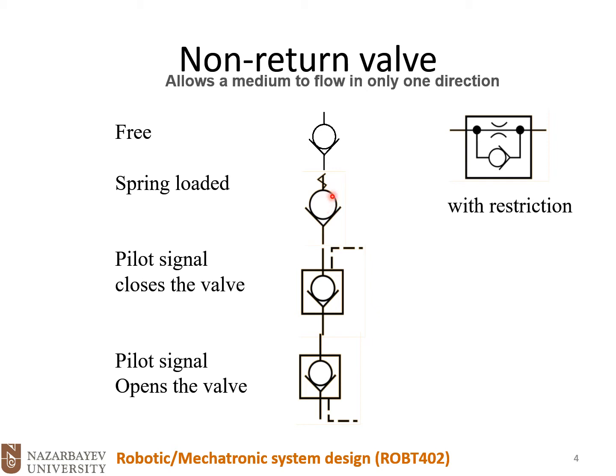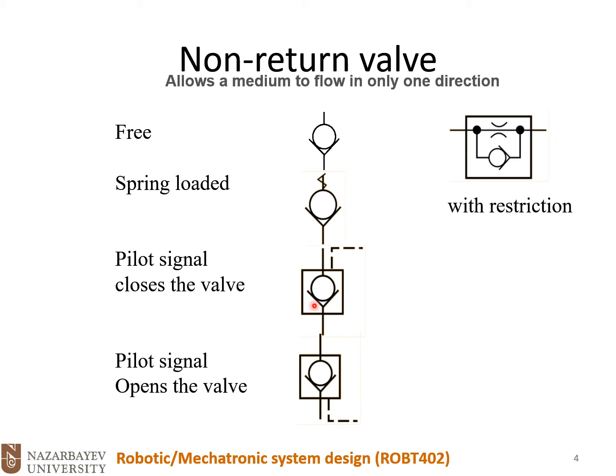Next, we have the pilot signal closes the valve. On this one, the solid line shows the main air pathway, and the dotted line shows the control, or pilot signal line. We need to send the signal by air pressure to the valve and make it active.